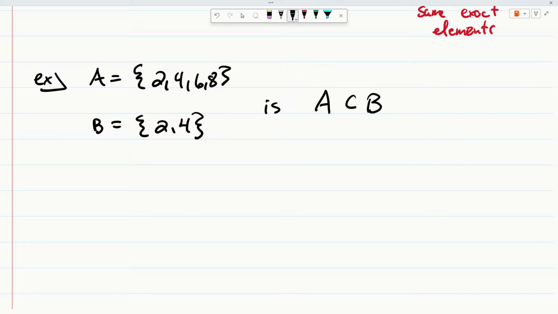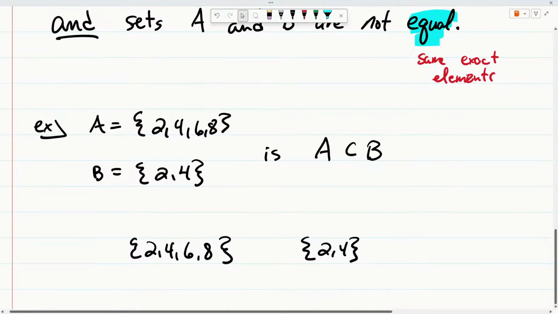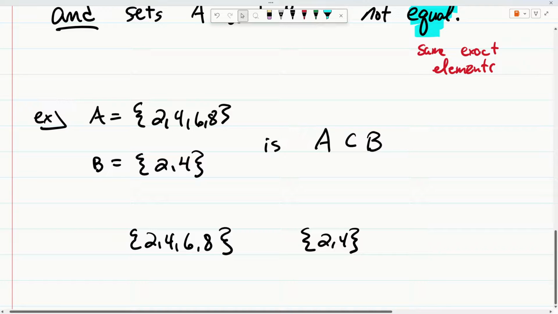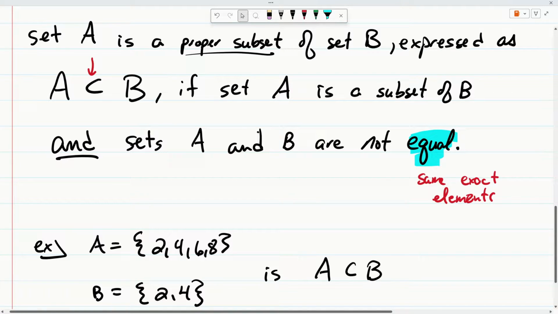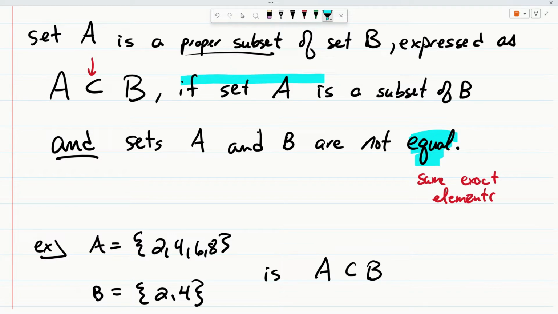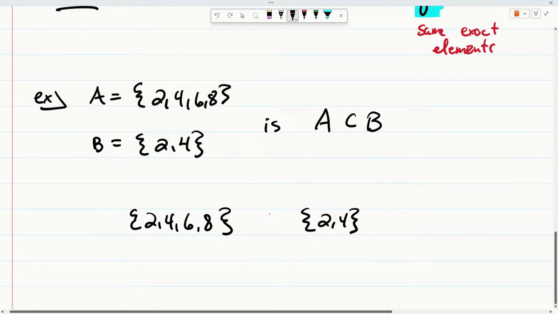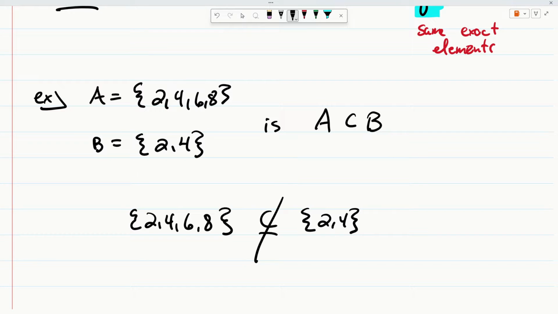All right, well, when you look at A, 2, 4, 6, 8, and then you look at B, 2 and 4. Remember, in order for this to even work, according to the definition, a proper subset expressed as A ⊂ B, it says if set A is a subset of B. So you have to meet this condition first. Well, if you look at what we have, you don't even have a subset. So right there, you stop.